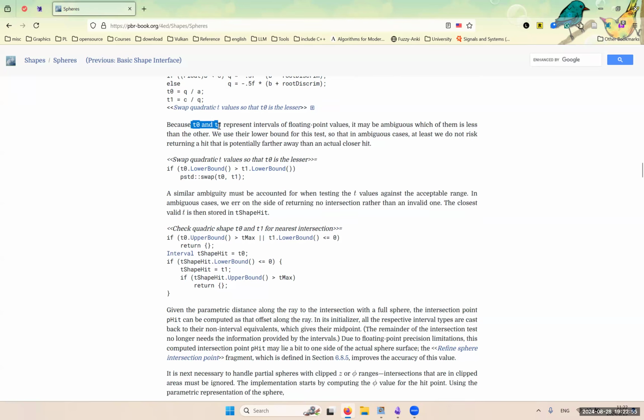Oh, t1 and t0 are intervals, so they can overlap. We use their lower bound for this test, so in the ambiguous case, we do not risk returning a hit that's potentially further away than the actual closest hit.